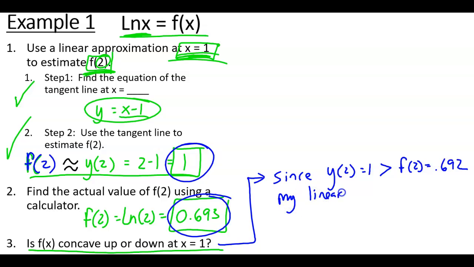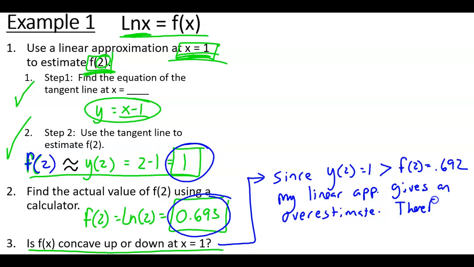My linear approximation gives an overestimate. And what did we say about that on our previous slide? When you have an overestimate, that means that your graph must be concave down at that point.